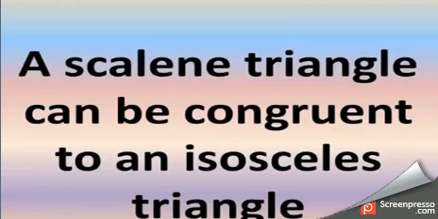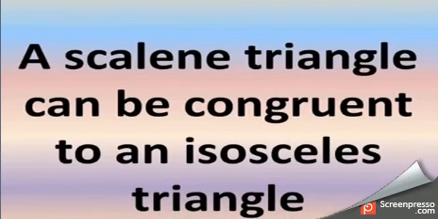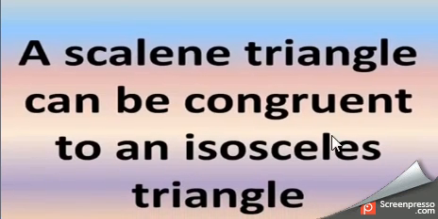Can I have two congruent triangles, both equilateral, but the side of one is 7 and the side of the other is 3? No, mister. It should have the same length of sides, so I can't say the scalene triangle and isosceles triangle are congruent. Excellent, grade 4, attention with me.